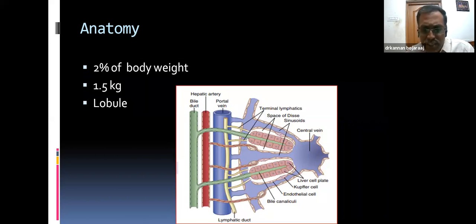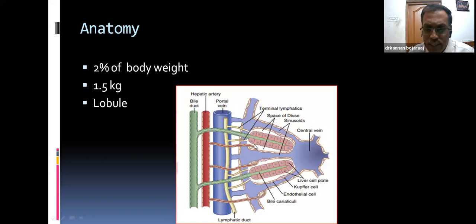And there is a space between these endothelial cells, having the sinusoids, and these liver plate cells. There is a space called the space of Disse, that is a perisinusoidal space. And this space is most important because this space is connected to the lymphatic system. See, these sinusoids connect to this, please follow the arrow.